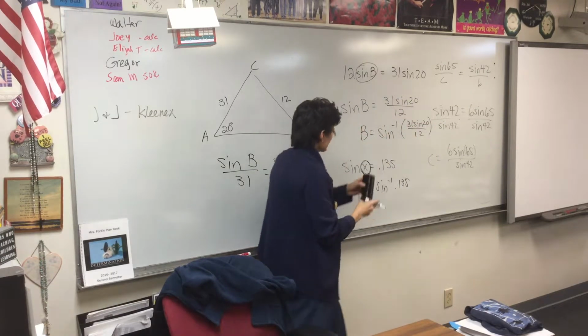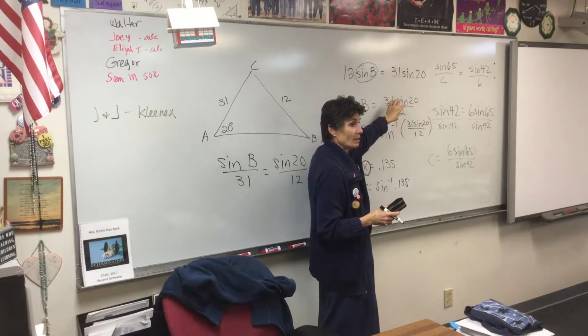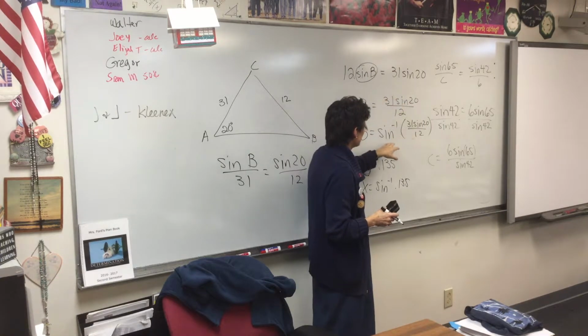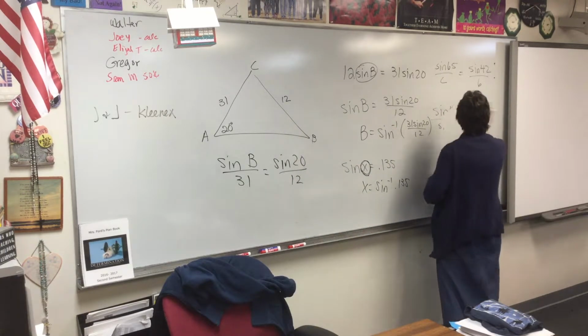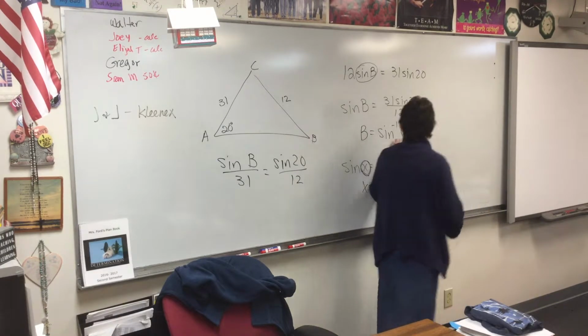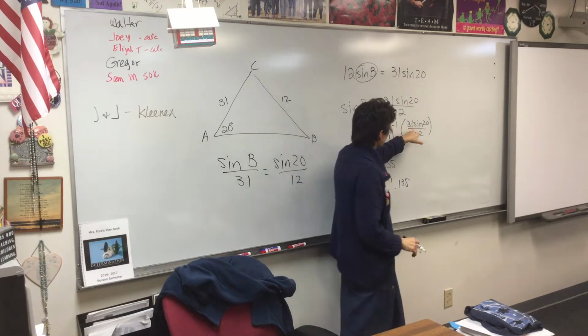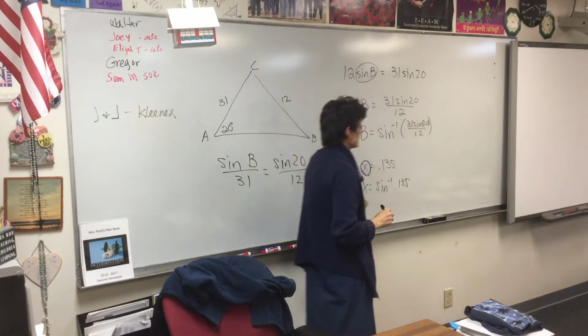Okay? This is just going to be some decimal. I saw Max or somebody typing that in a minute ago. You need to inverse sine that. Well, let's do it. Press second sine. The parentheses will automatically pop up. Type in 31 sine 20. Don't forget to close the parentheses.